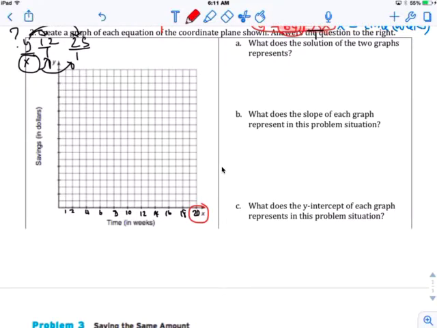Okay, so let's make a table. X is the number of weeks. This is Marcus, how much he saves, and this is Josue, how much he saves.